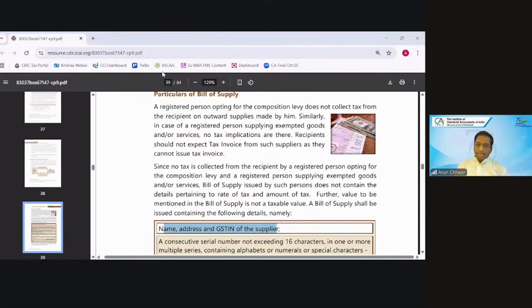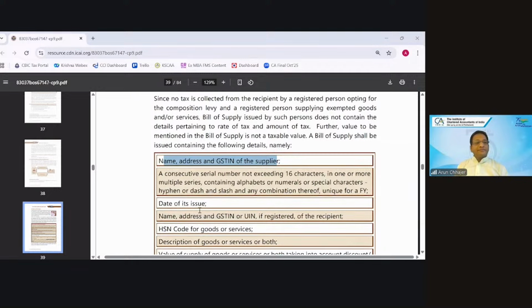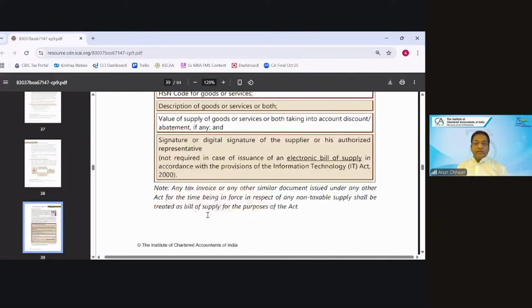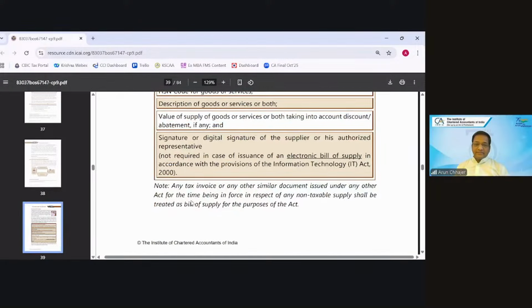Answer is no, because either it will be issued for exempted supply, or it is issued by the composition dealer who is not authorized to collect the tax. Therefore, it will not have the GST component on the document. The rest: name, address, GST number, consecutive serial number, date of issue, name, address, GST number if recipient is registered, HSN code, description, value, signature, digital signature.